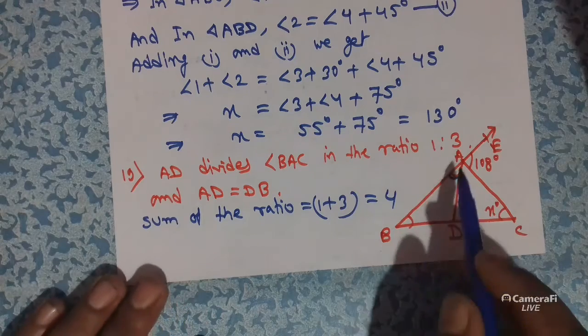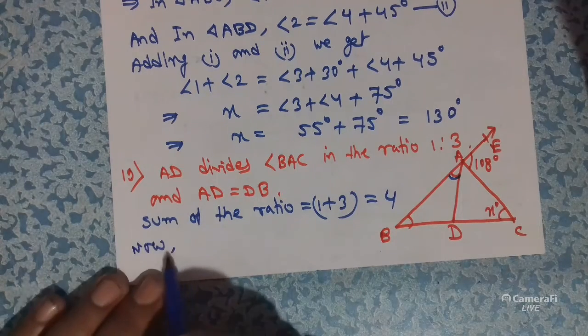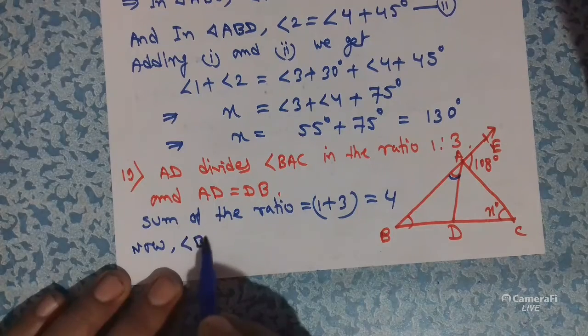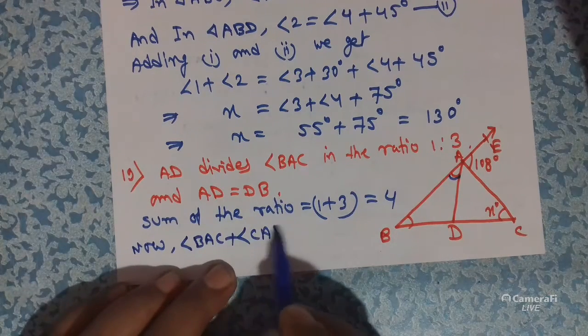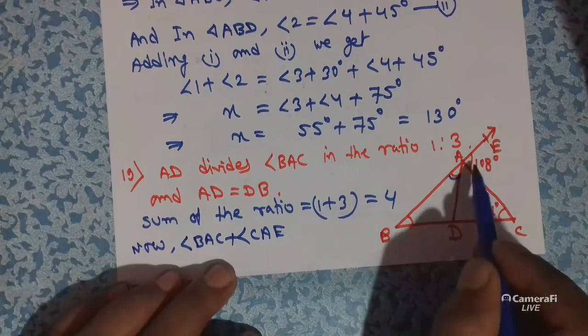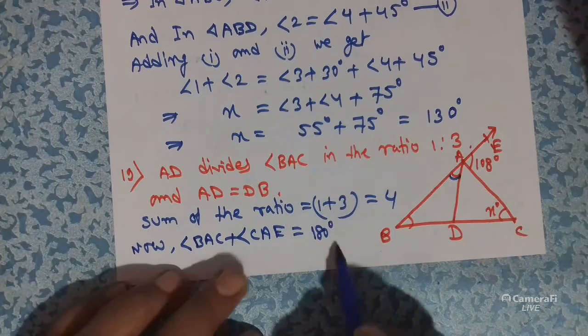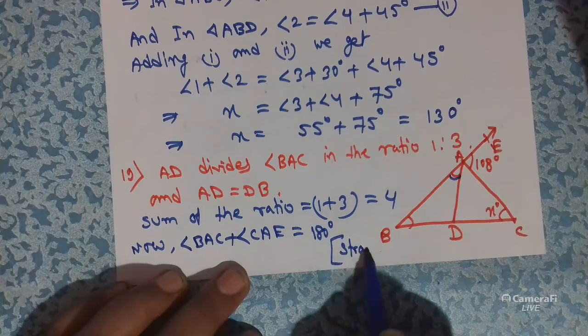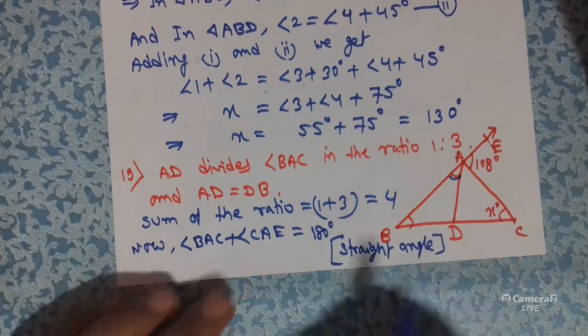Now at first we have to find the value of BAC. Angle BAC and angle CAE, these two make 180 degrees. Why? Because it's a straight angle.